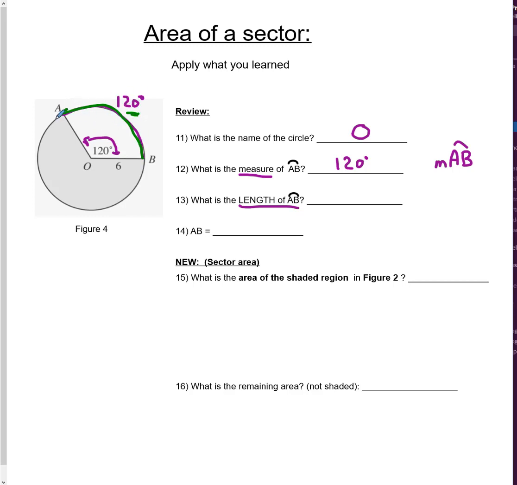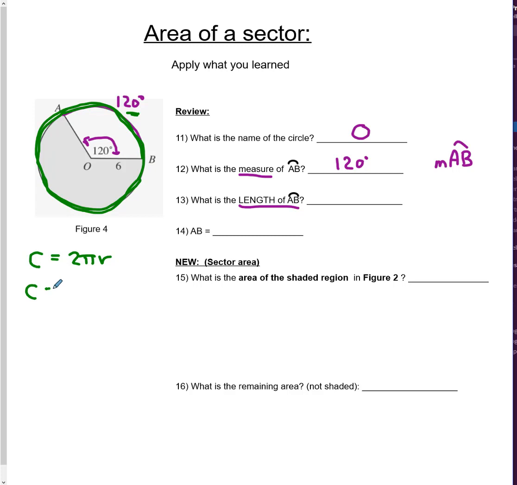Well, I can tell you right away, without any big work here, how long it is all the way around the circle. Hopefully you know the name of that. All the way around the circle is called circumference, and the formula for circumference is 2 pi r. All the way around the circle is 12 pi, right?